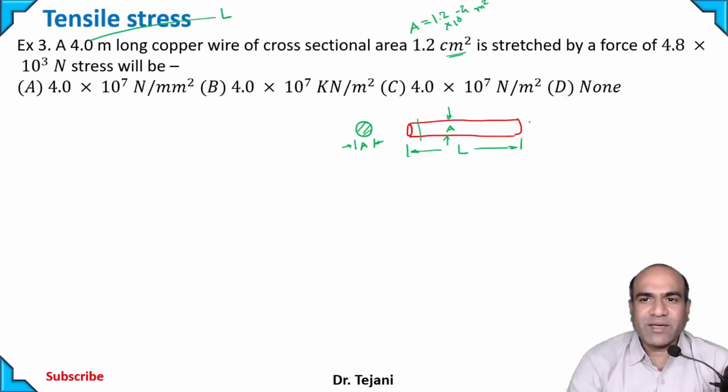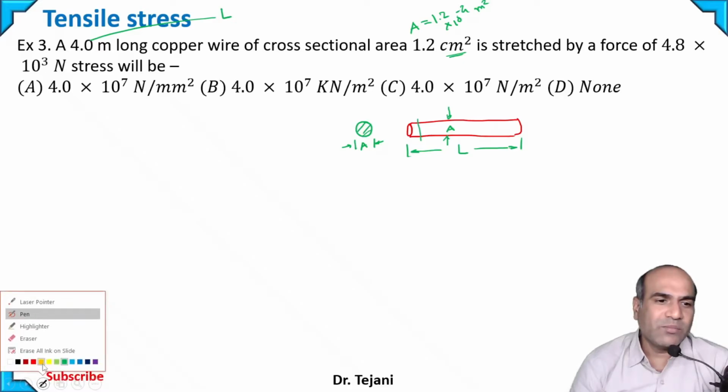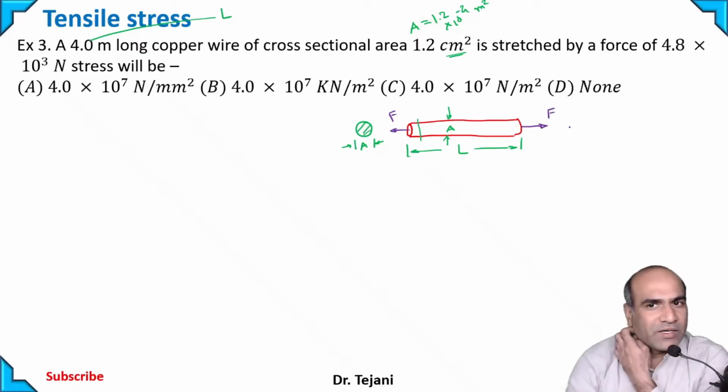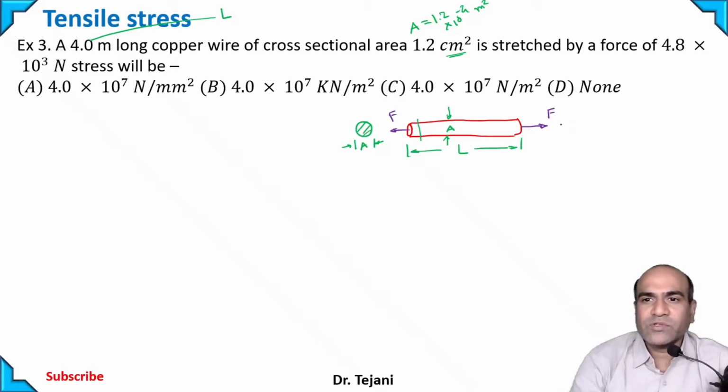It is stretched. That means there is some outside force applied. Let's have another color, purple. There are two forces applied on both sides, say for example F here, and in this side also F. So it is stretched by a force of 4.8 multiplied by 10 power 3 Newton.